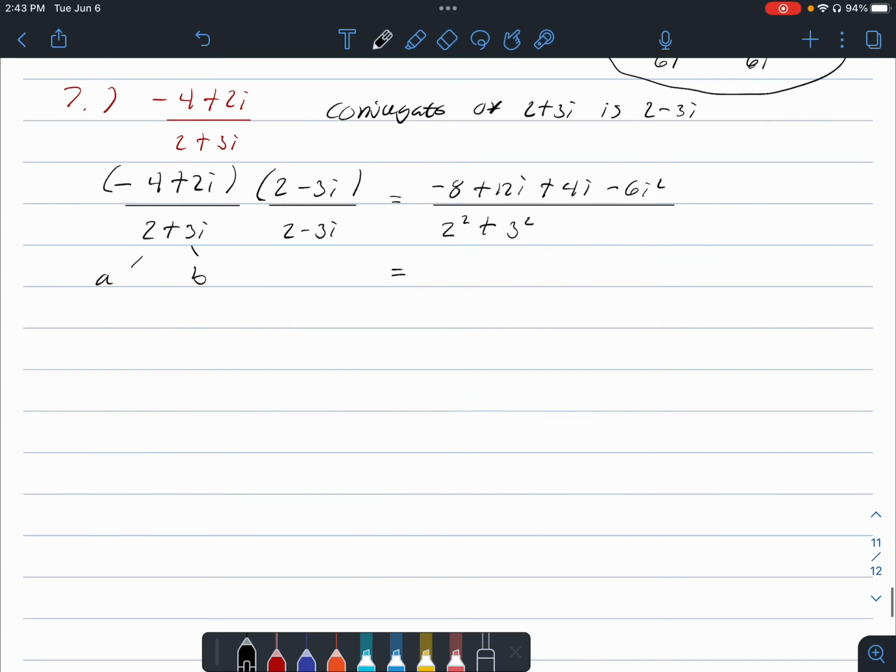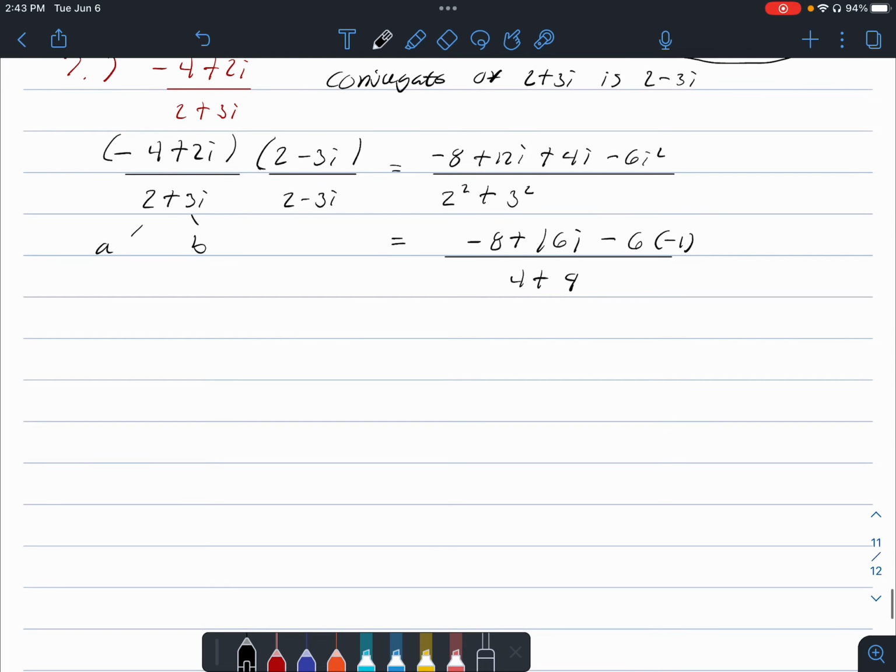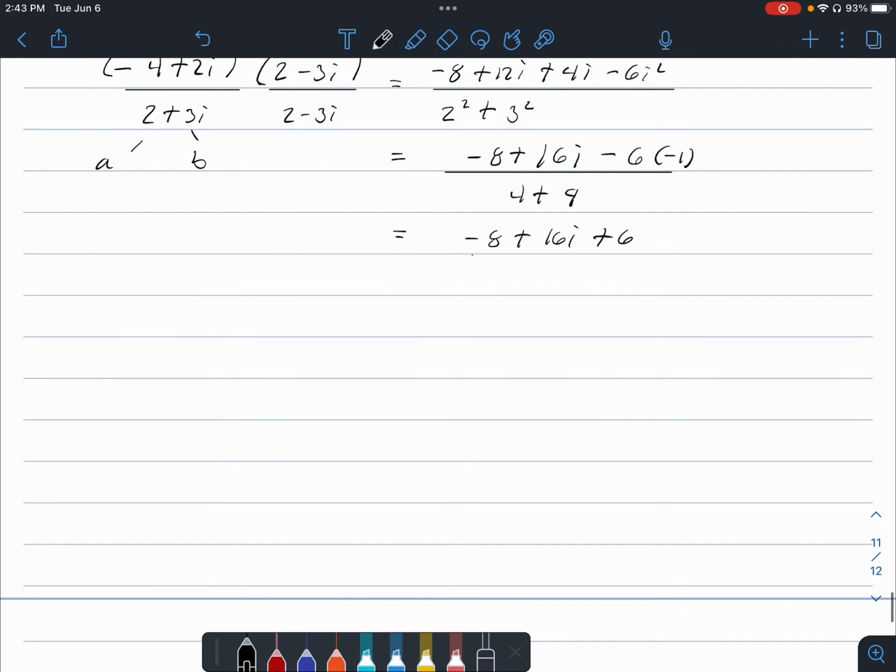Okay. Let's deal with this denominator. We have 2 squared plus 3 squared. So that's 4 plus 9. And now let's deal with the numerator. We have negative 8 plus 12i plus 4i. So we have negative 8 plus 16i. And then we have minus 6 times a negative 1, because i squared is negative 1. So this is going to be negative 8 plus 16i plus 6 over 13.